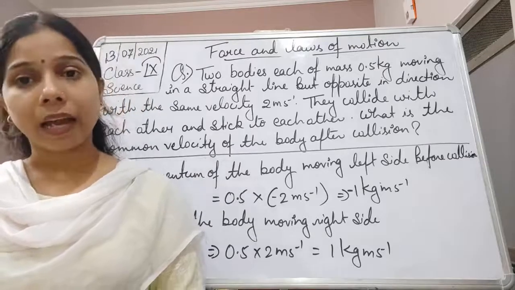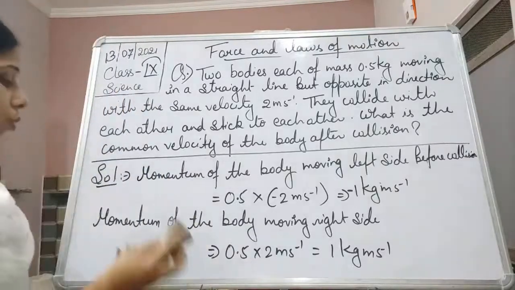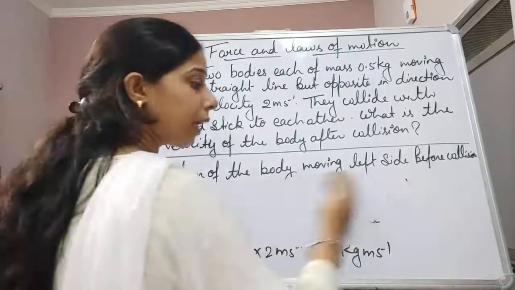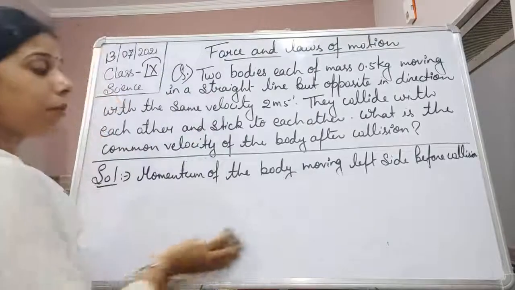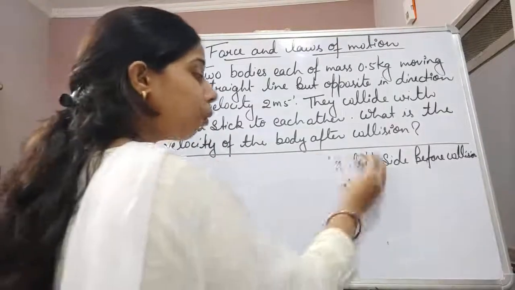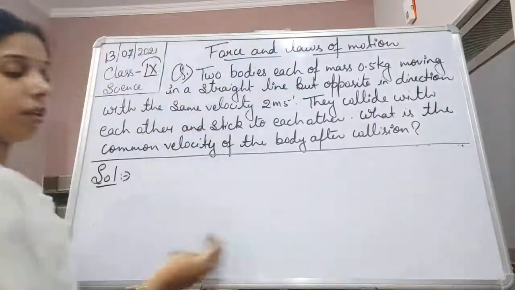Now, if we calculate the total momentum of the bodies, this will be equal to the momentum of the body which is moving at the left side plus the momentum of the body which is moving at the right side. When we add both of them, we get the value of the total momentum.